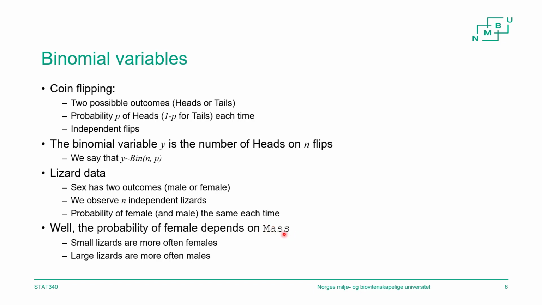So if you have a small mass, the probability of female is rather big. On the other hand, if mass is very big, it's a large mass to the right of the x-axis, then this probability is not that big anymore. So the last one here is not really true to make this completely into a binomial situation.